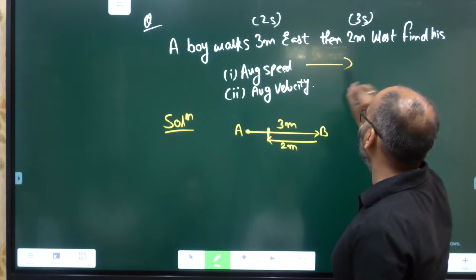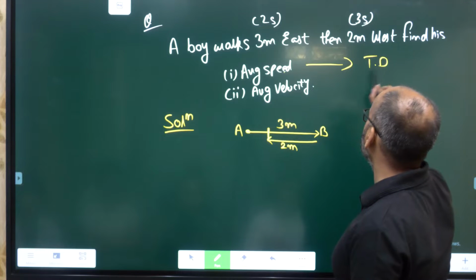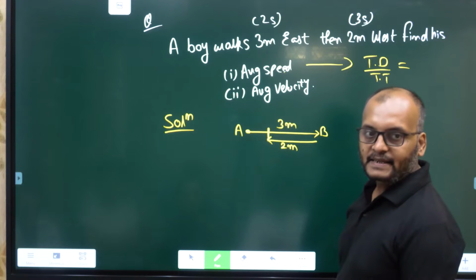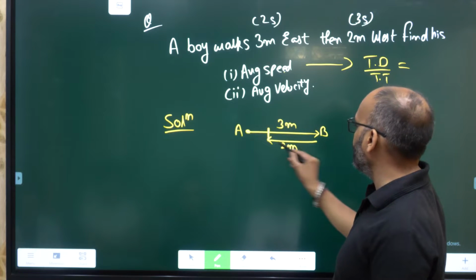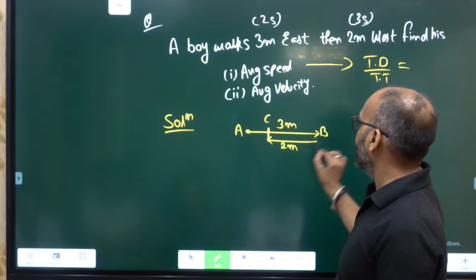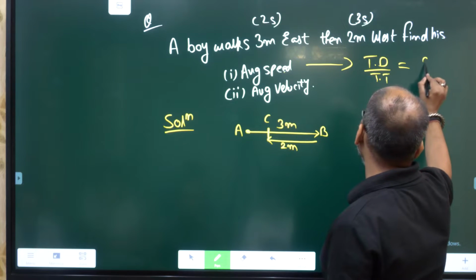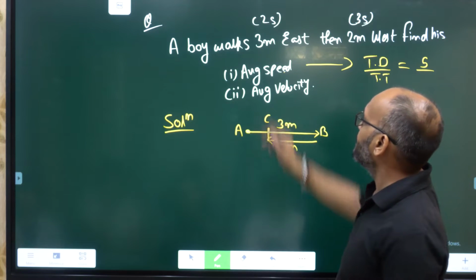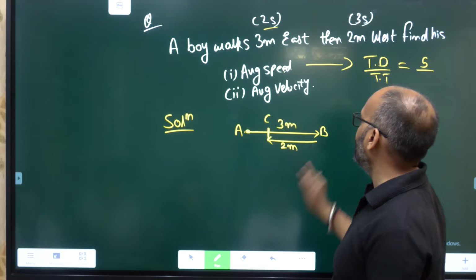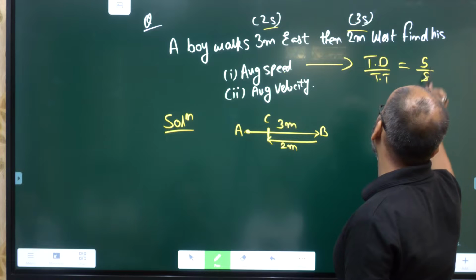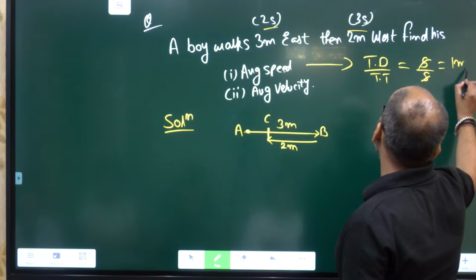Average speed is total distance upon total time. Total distance is 3 from A to B, and let me call this point C, and 2 from B to C. So total distance is 5. Total time is 2 seconds to move from A to B and 3 seconds to move from B to C, so 5. So 1 meter per second.